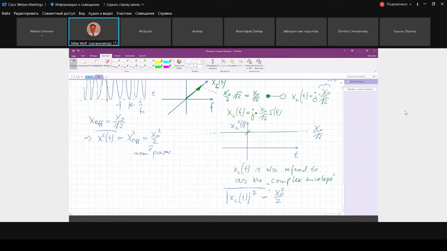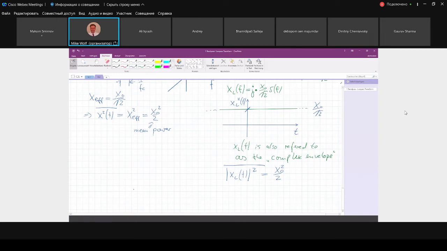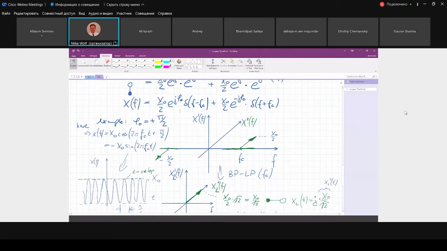And you see even more in the general case. Then what do we get in the time domain? In the general case, we have this right-hand side spectrum. We just shift this spectrum from the right-hand side to f equal to 0.